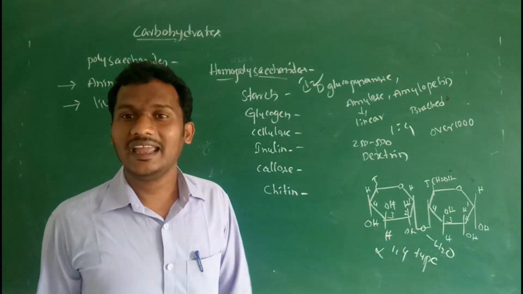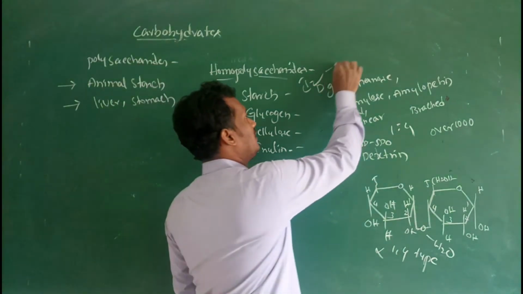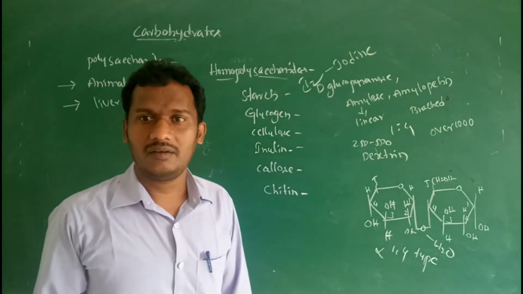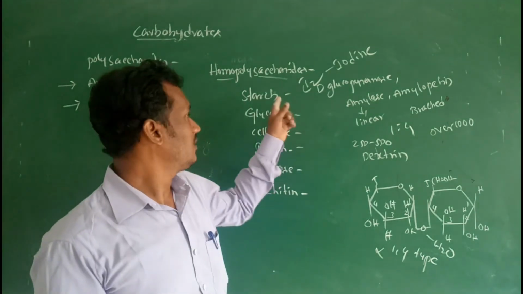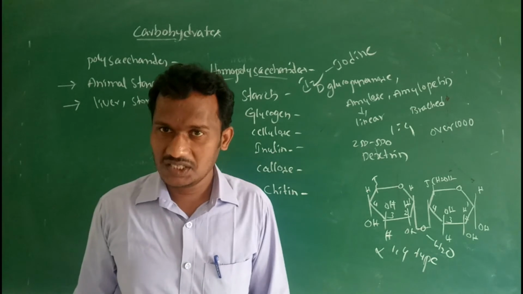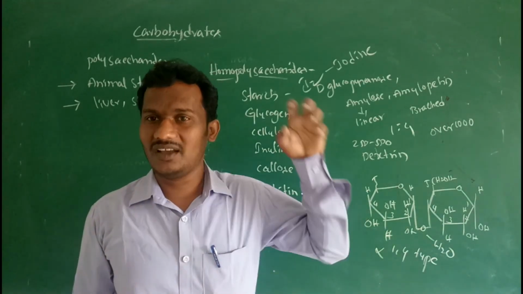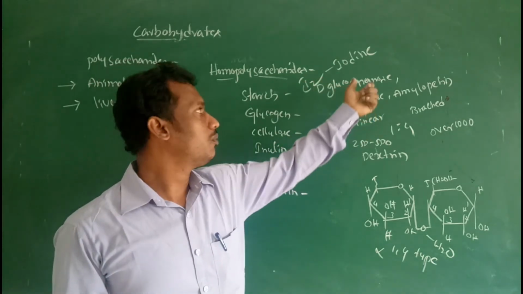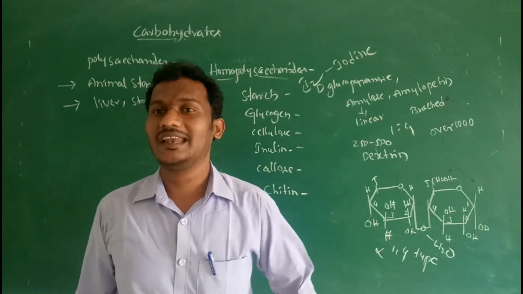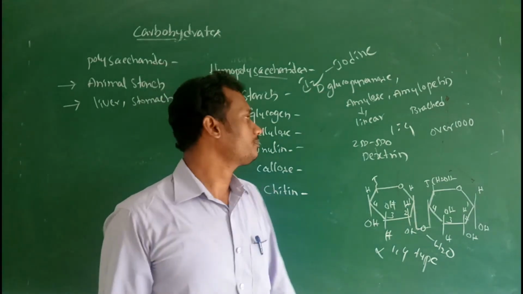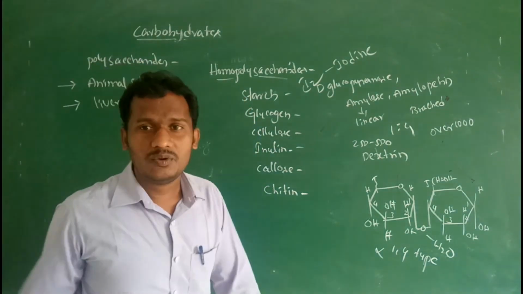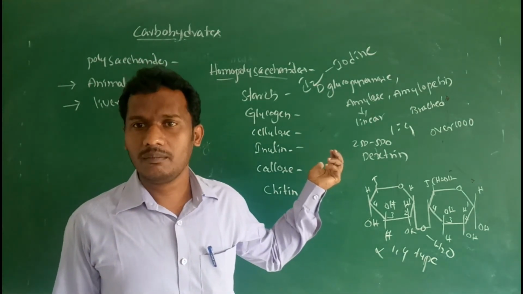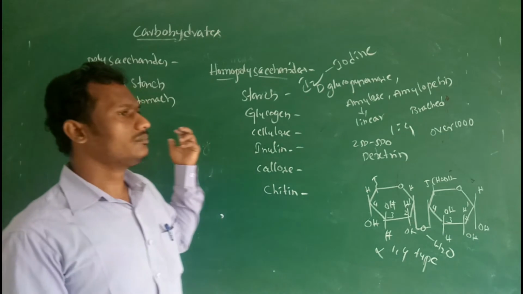That's why it gives a blue color with iodine in the iodine test. Glycogen is more extensively branched than amylopectin.